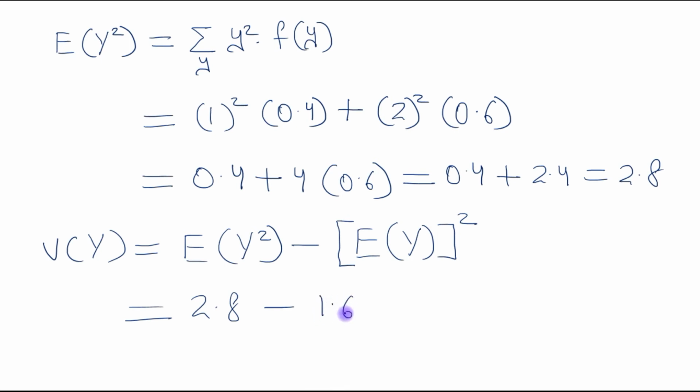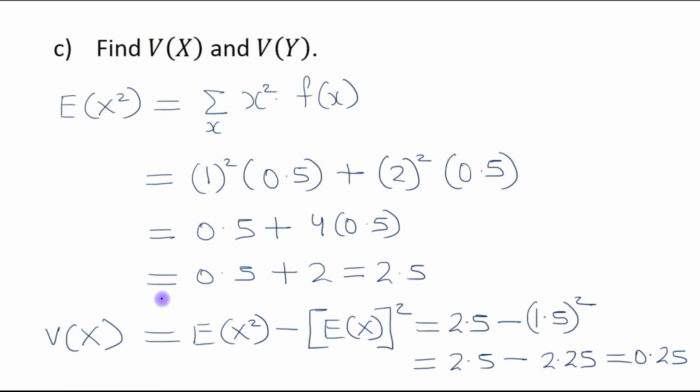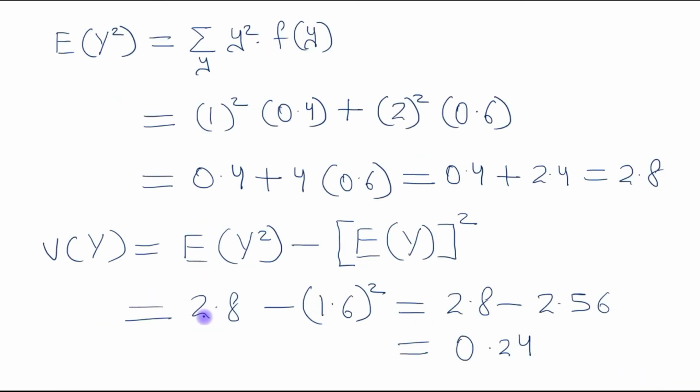So 1.6 whole square, 2.8 minus 2.56, which is equal to 0.24. So we have calculated variance of x as 0.25 and variance of y as 0.24.